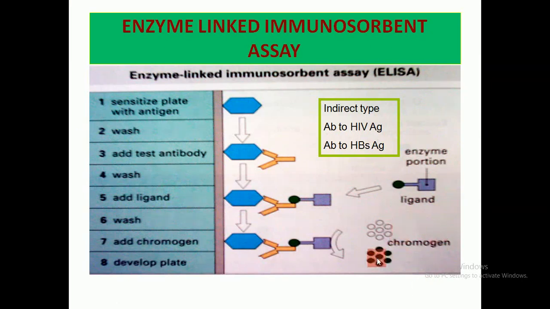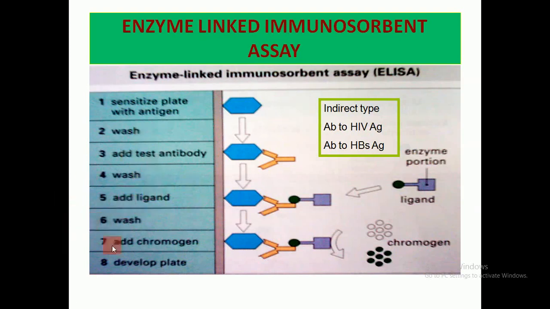The second type of ligand assay is ELISA, which is the abbreviation of enzyme-linked immunosorbent assay. Here we use a microtiter plate, and this plate is coated with the antigen by the company that synthesized the kit. Then we add the patient serum that contains the antibody, and then we wash to get rid of the excess antibodies.